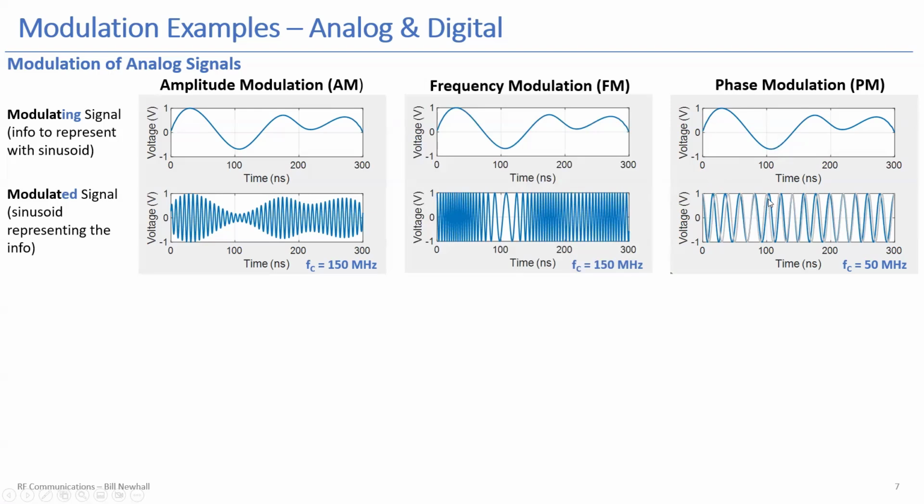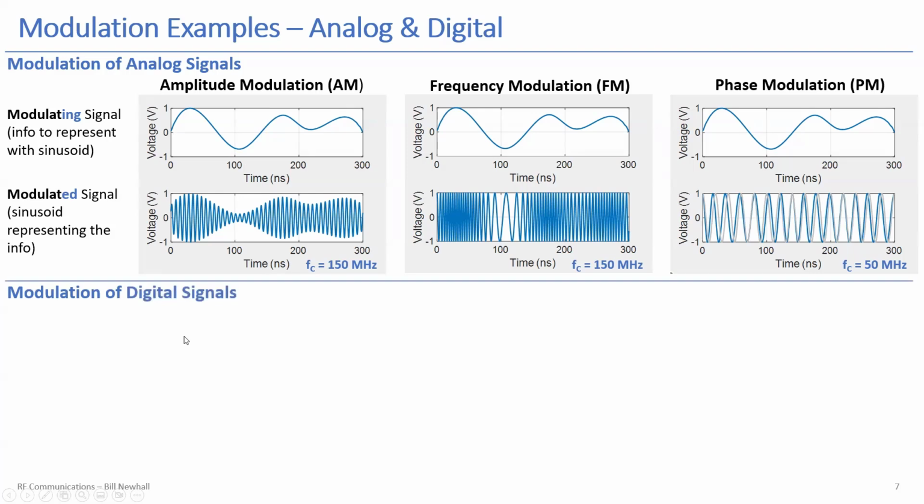And as the voltage of the modulating signal goes low, the modulated signal's phase gets delayed a bit, right? And so if you could extract the phase of that blue signal and plot it, you would see the phase follows this characteristic of the modulating signal waveform. So these are the three modulations: amplitude modulation, frequency modulation, phase modulation for analog signals.